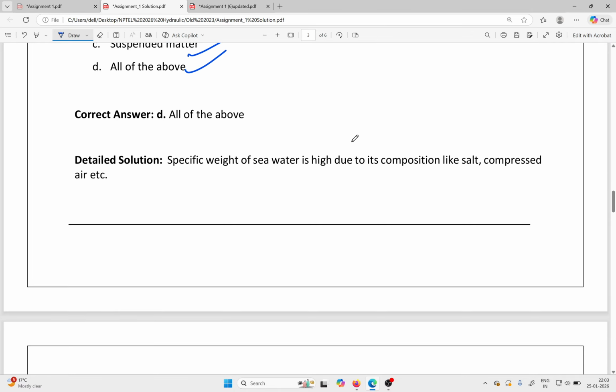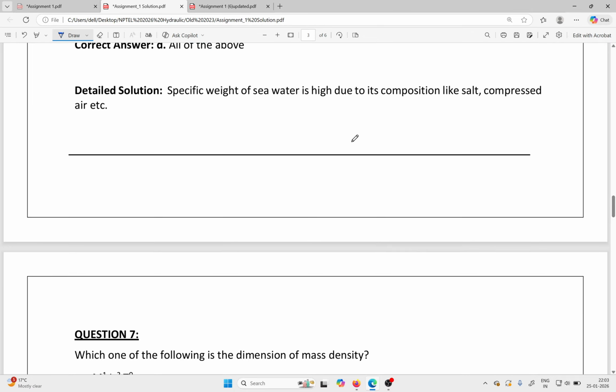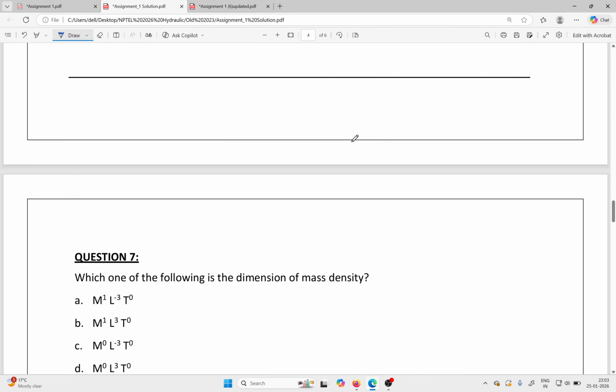Okay, now let us move on to the next question, question number 7. Which of the following is the dimension of the mass density, mass by volume, kg per meter cube. So if you want to write in MLT minus 2, how will you write?